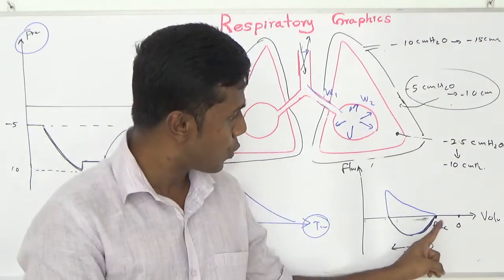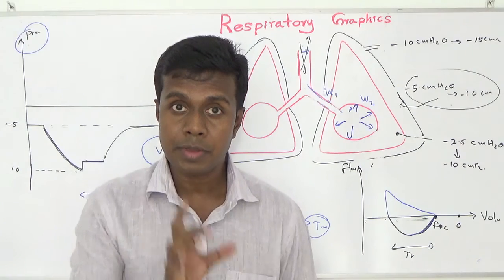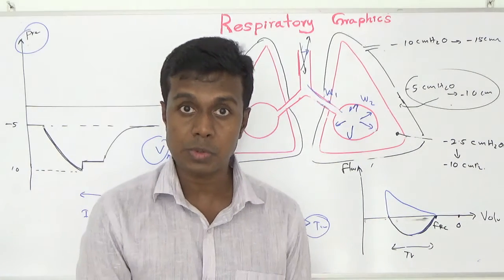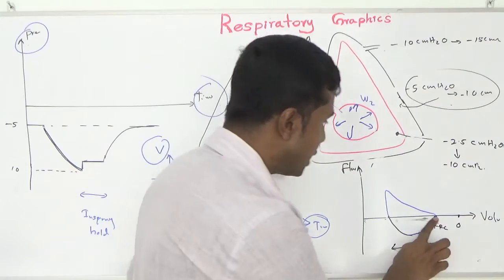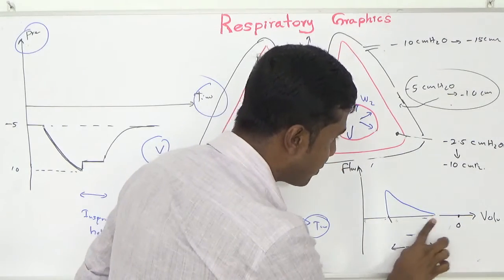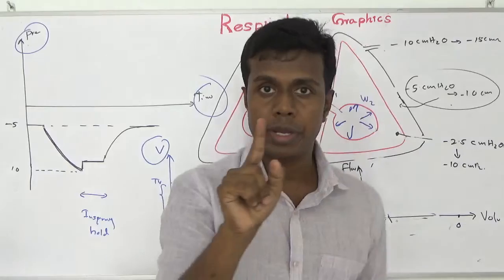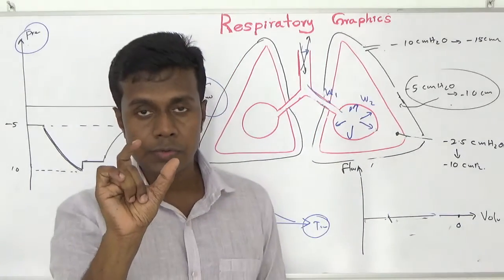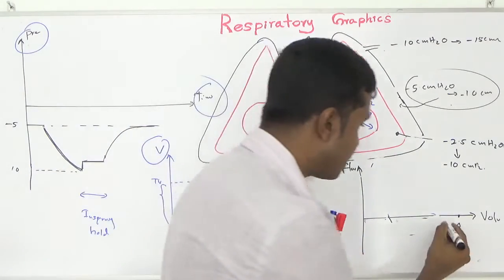If I want to draw it for my vital capacity, meaning tidal volume plus inspiratory reserve volume plus expiratory reserve volume, I should start breathing from my residual volume. Residual volume means the volume of lung remaining after forceful expiration. It must be somewhere here.